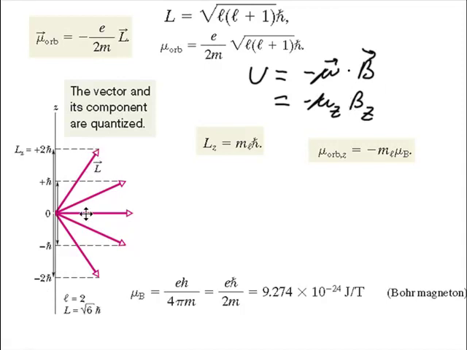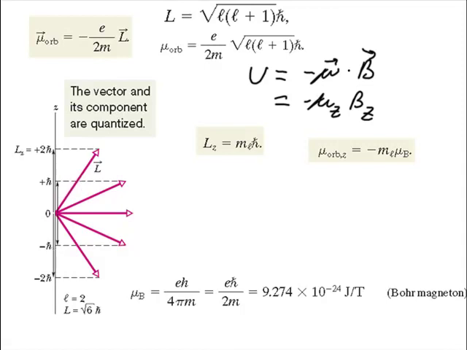Notice for a single value of the total angular momentum, this is an orbital quantum number l equals 2 situation. So 2 times 2 plus 1, which is 6, that's the square root of 6 h bar. That's our total angular momentum. But I can have a component along the z direction anywhere from 2 h bar down to negative 2 h bar, and that includes h bar, 0, and negative h bar in between.